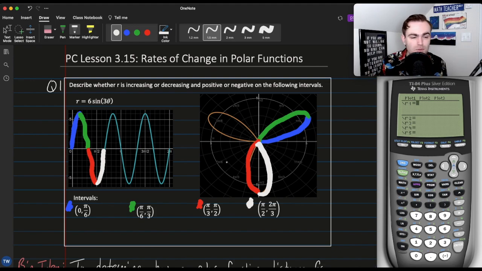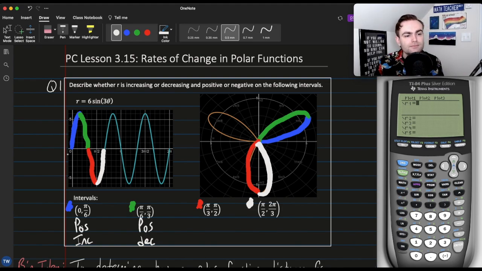Fun. Super, super fun. Let's actually analyze whether they're positive, increasing, negative, decreasing, and so on. For the first interval, the blue interval, it is clearly positive and going up, so it's increasing. So this is positive and increasing. And we can see it's going away from the pole. That's important for later. The green, we are positive but decreasing, so positive, decreasing, and we are going towards the pole.